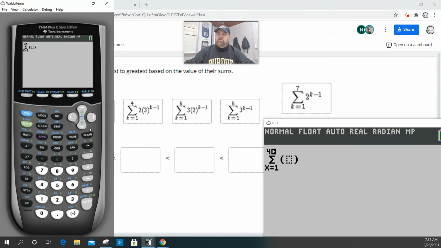When you start at 0, there's one more than the upper boundary. Let me plug these numbers in. This is 3, raised to the x minus 1.